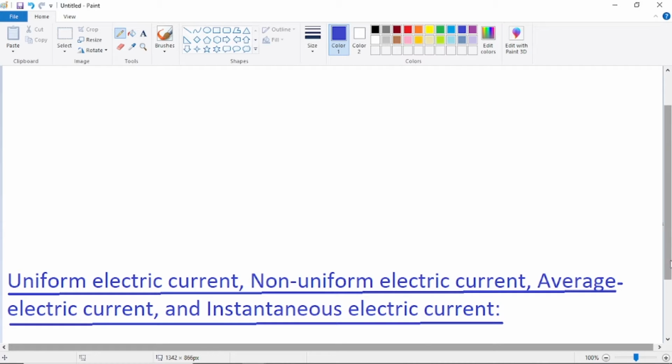We have used them almost intuitively, without following any exact definitions, just from rough meaning, because all these definitions are exactly similar to the ones we have seen in mechanics: uniform velocity, non-uniform velocity, average velocity, and instantaneous velocity, or uniform speed, non-uniform speed, average speed, and instantaneous speed. Exactly the same way they have been defined.